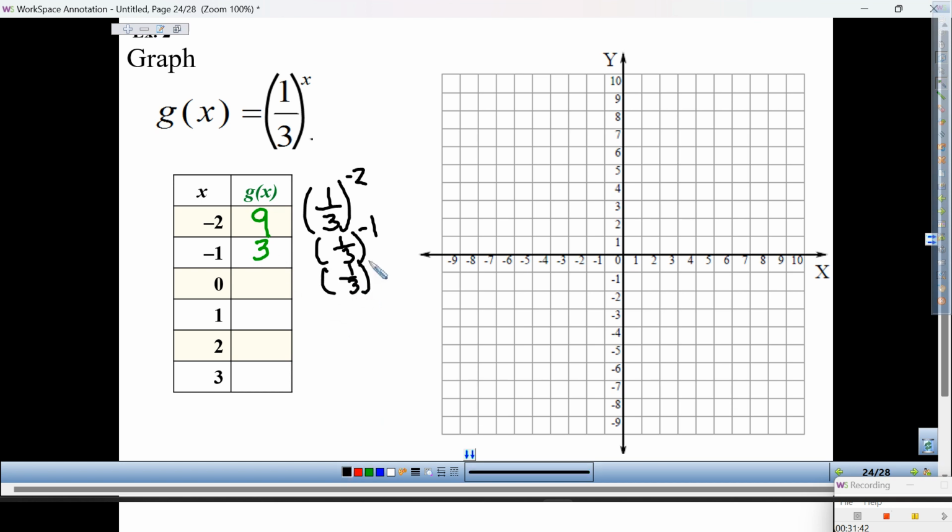Everyone, 1/3 to the 0 power. 1. That is correct. 1/3 to the first power is 1/3. And the last two, tell your neighbor what you got for the last two. 1/3 to the second power and 1/3 to the third power.